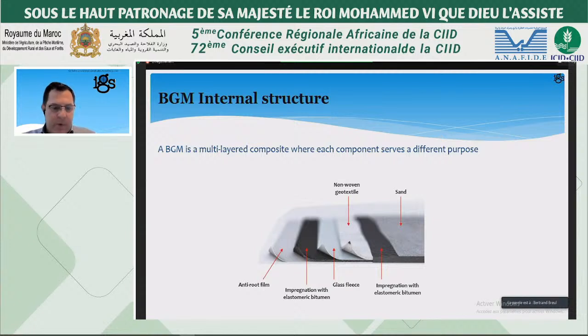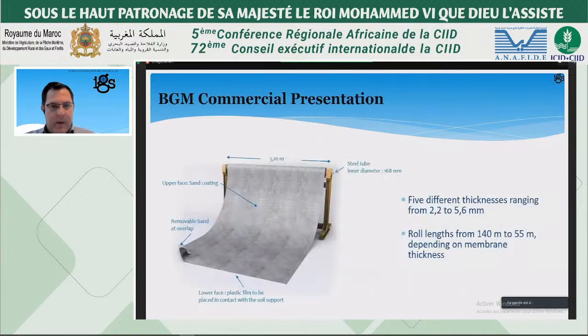Water permeability is 10 to the minus 14 meters per second, and gas permeability is also quite good. Our BGM is manufactured in 5.10 meter wide rolls and is rolled on a steel pipe.